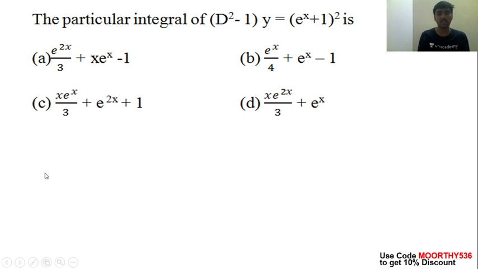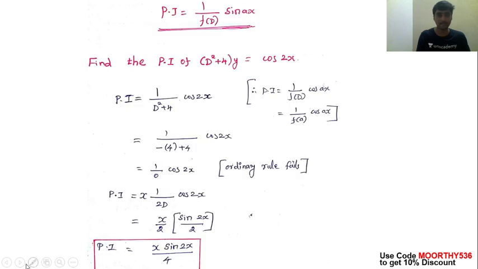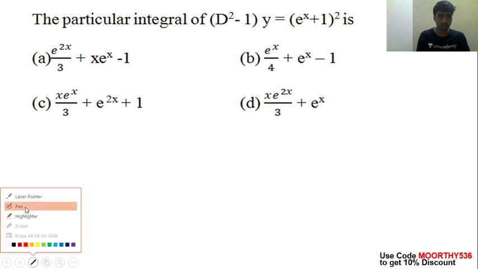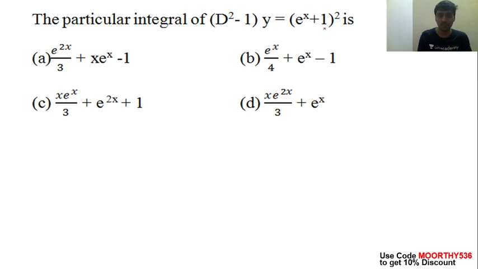Here is the explanation for the given question. e power x plus 1 the whole square is equal to e power x the whole square, that is e power 2x, plus 1, plus 2 into e power x, using a plus b the whole square equals a square plus b square plus 2ab.